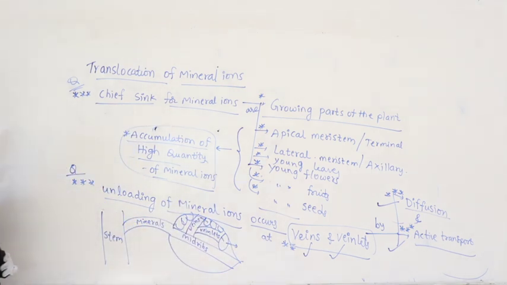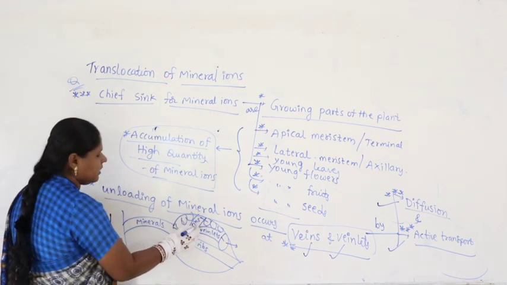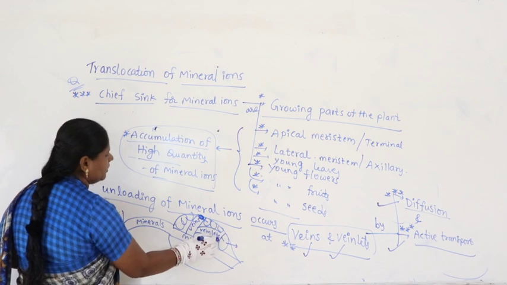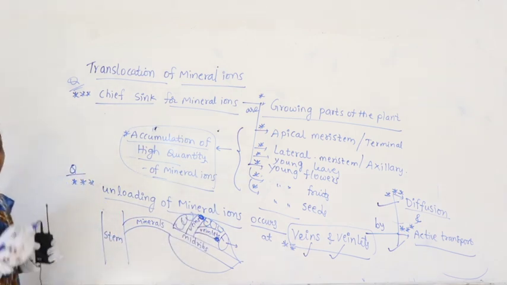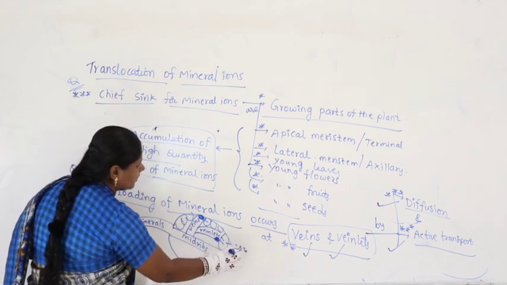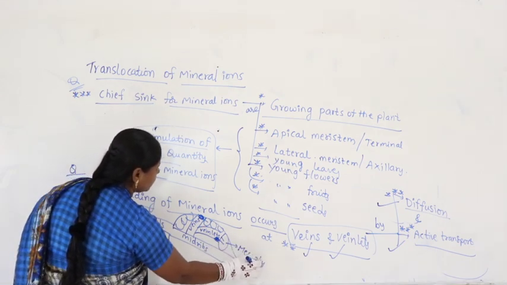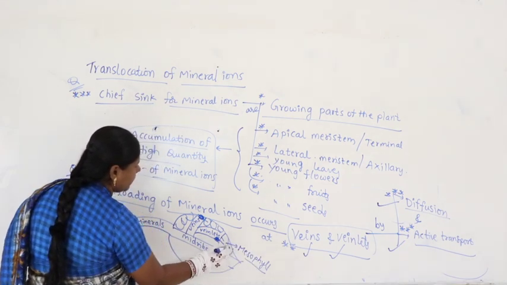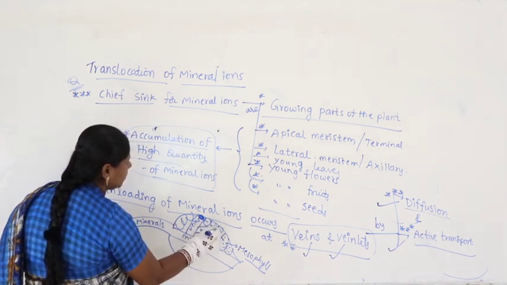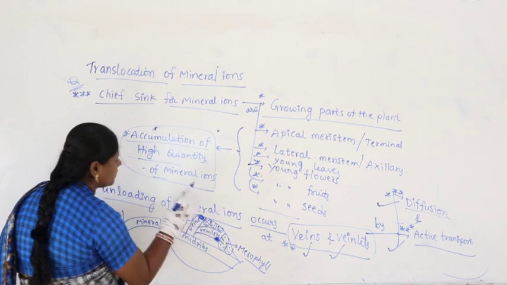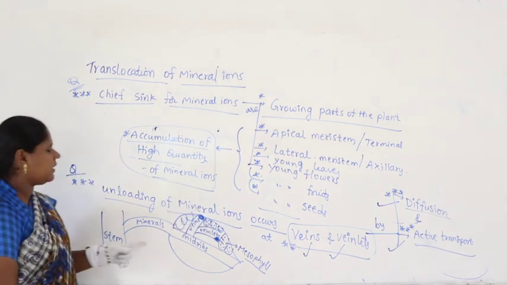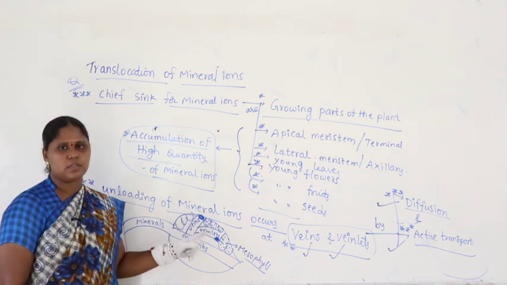What happens here? The veins carry water and minerals. They are fully loaded. Unloading means they give the load to mesophyll. They will give water and minerals to the mesophyll. Why? Mesophyll contains chloroplast. It has to undergo the process called photosynthesis.